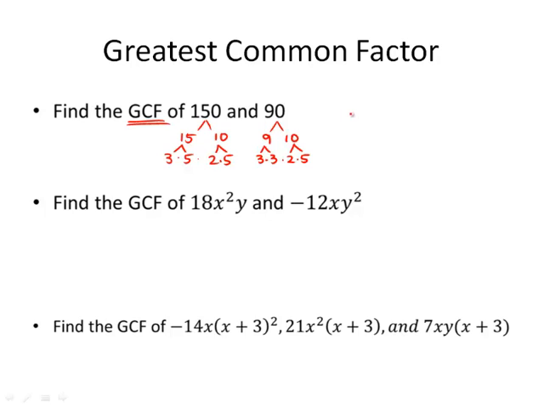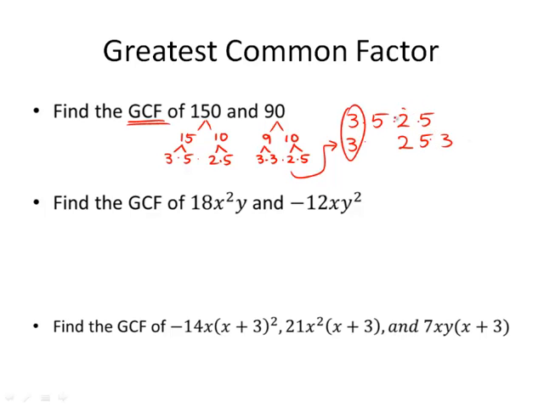You could, if you'd like, arrange them. So 3 times 5 times 2 times 5 is the first number. And below, you could, if you want to find common things, just write them right below. So the second number is 3 times 3 times 2 times 5.